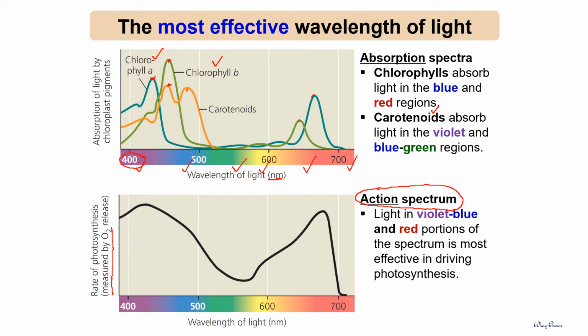We notice that when the plant cells are exposed to the violet-blue wavelength and the red wavelength, the oxygen released from the plant cells is the highest. This is why these two wavelengths of light are the most effective to promote photosynthesis.